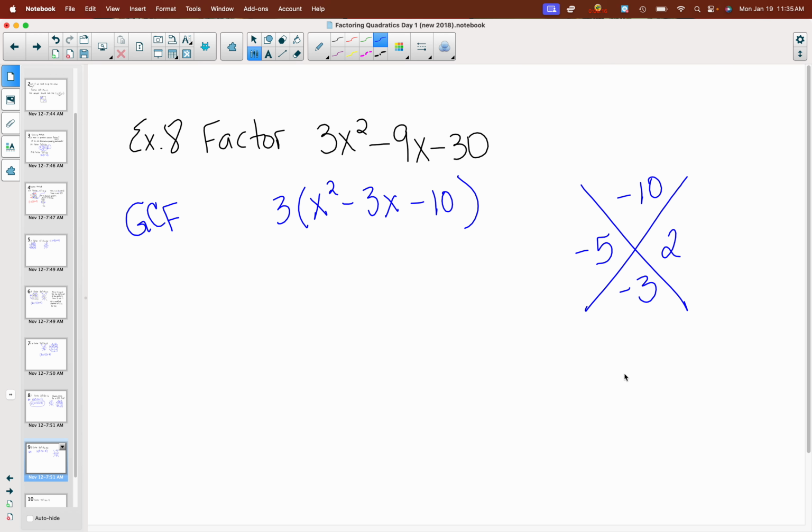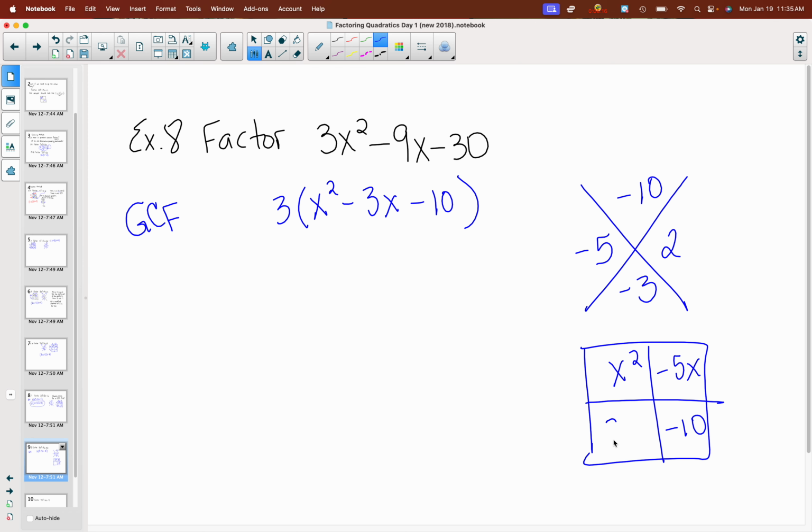Now, if I do the box, which I can, well, let me kind of show you this, because some of you might just want to stick to that. X squared here, negative 10 here. I'll put a negative 5x here and a 2x here, and then pull out my GCF.